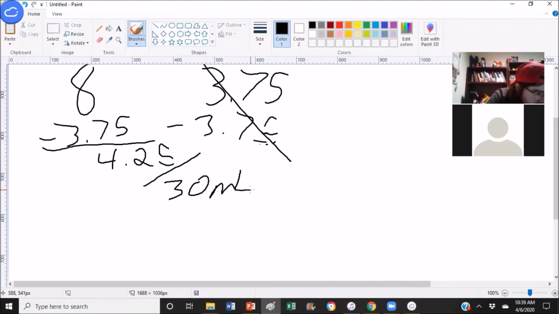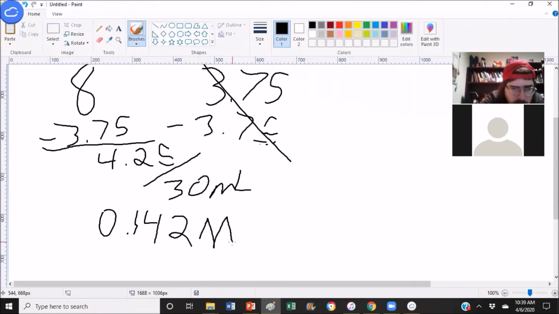So 4.25 divided by 30 will give us 0.1416 repeating, so we'll round. That is step 3. If you can get through those first 3 steps, that is the hard part.